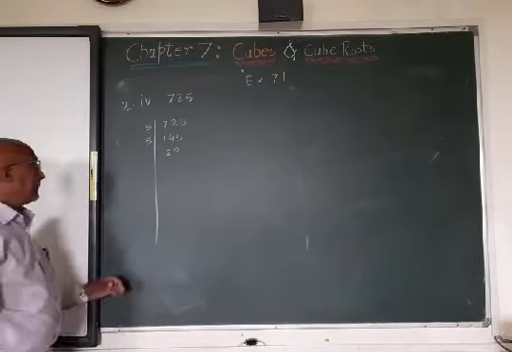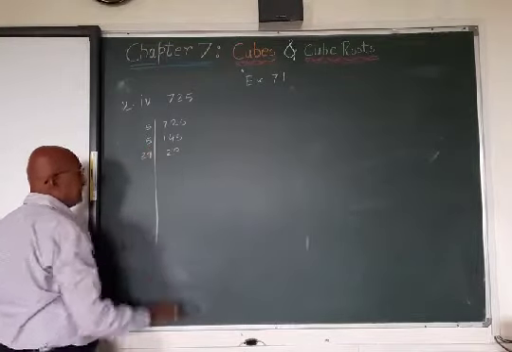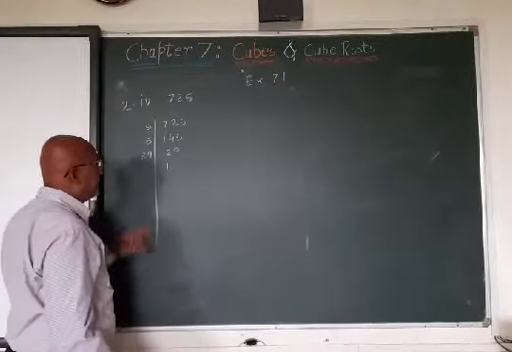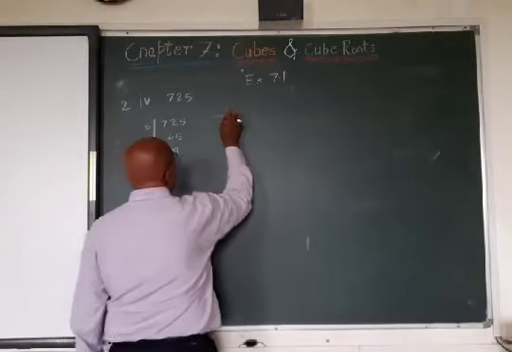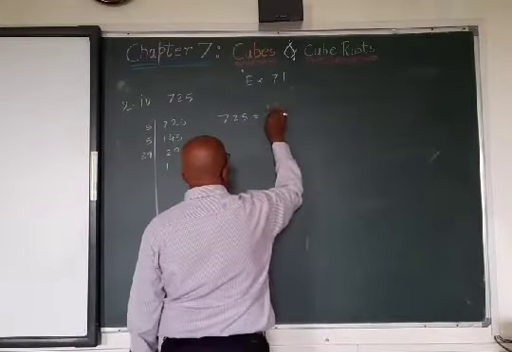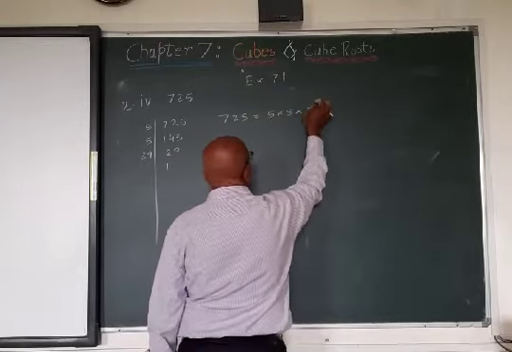Now this is the number. Now 29 itself is a prime number. So we get the prime factorization as 725 equal to 5 into 5 into 29.